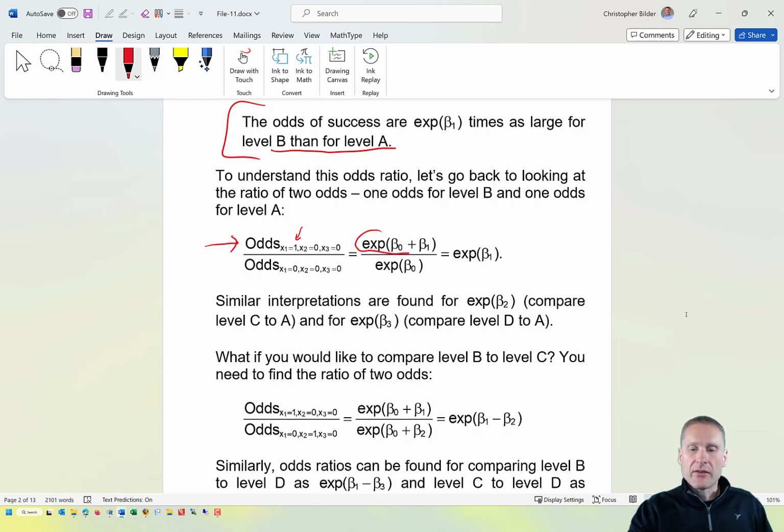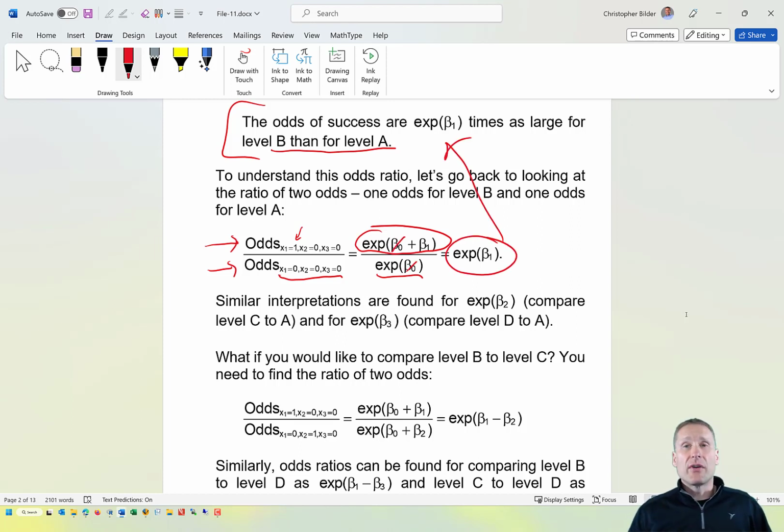And I would get then the exponential function evaluated at beta 0 plus beta 1. Then for A, the odds of success for level A, all these indicator variables are equal to 0. So I would have then just simply the exponential function evaluated at beta 0. Look what happens. The beta 0's cancel, and this is where I get my exponential function evaluated at beta 1.